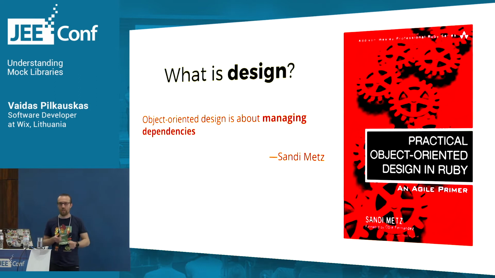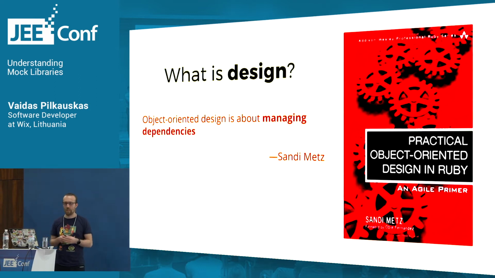What it says is that object-oriented design is about managing dependencies. It's not about internal structure, it's about how you depend on something in your system. And bad design is something where, for example, you have to change one part of the system and that explodes into changing the whole dependency tree. This is bad design. So this is the essence.